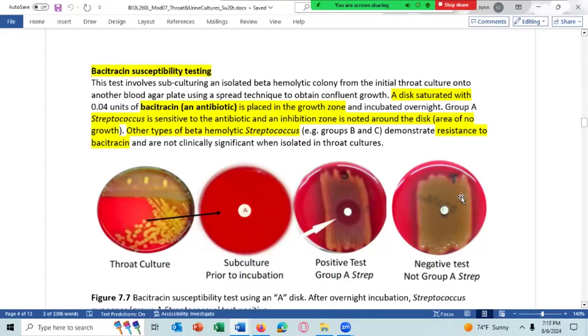On this one here, we have no zone of inhibition or a very slight zone of inhibition, and that is negative for bacitracin, and that is not Streptococcus pyogenes. Streptococcus pyogenes is sensitive to bacitracin.